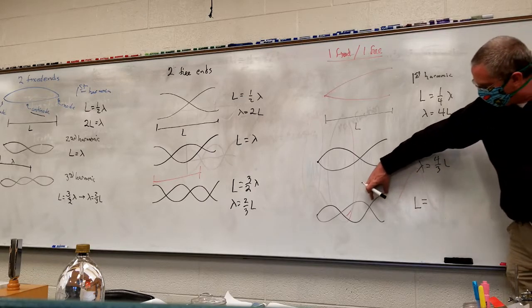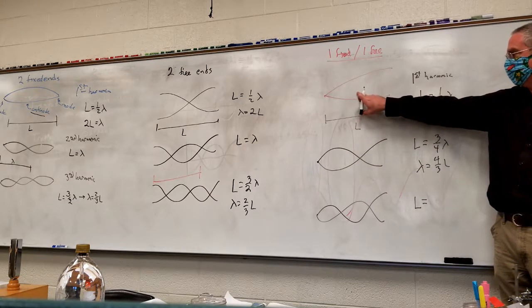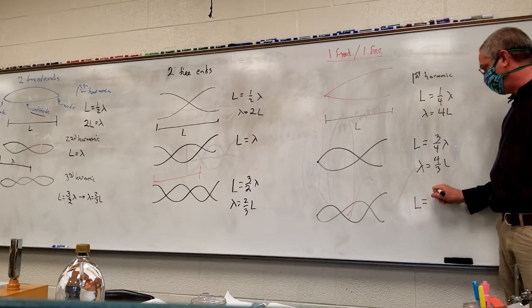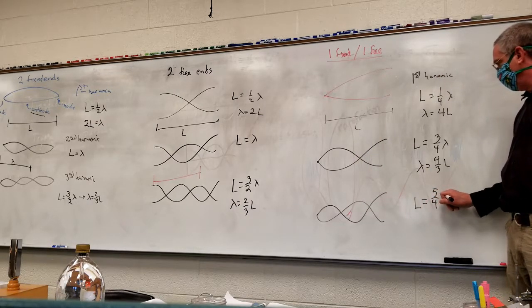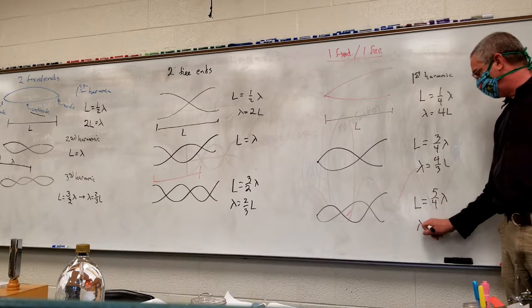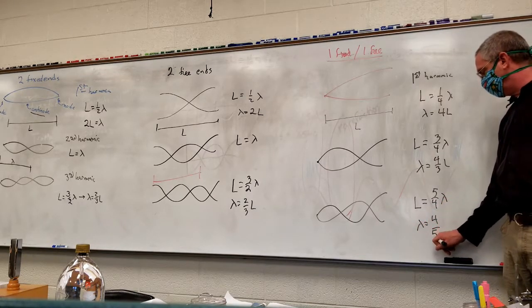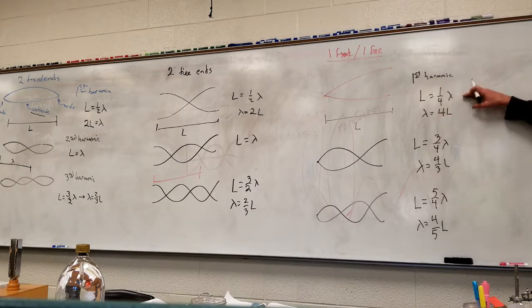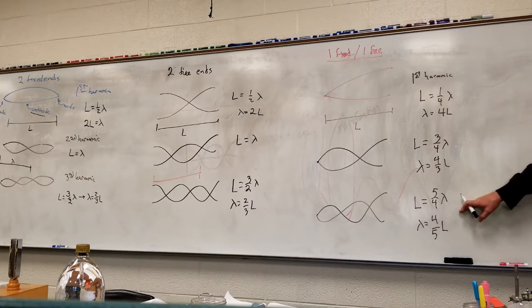Again, each of these little bits right here is a quarter, just like that's a quarter right there. So we have a full wave to here, and then a quarter. So this is 5/4 lambda, or lambda is 4/5 of L. Notice that I'm still adding a half wave every single time, just like I did for the other 2 cases. Whatever I started with, I add a half wave every single time.